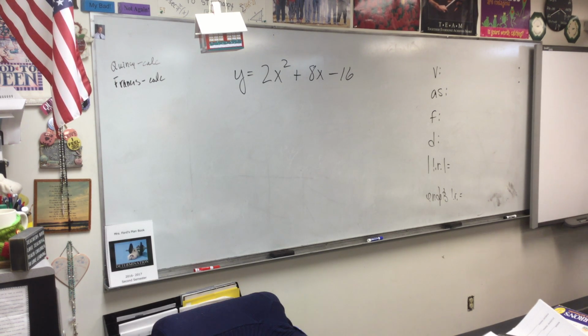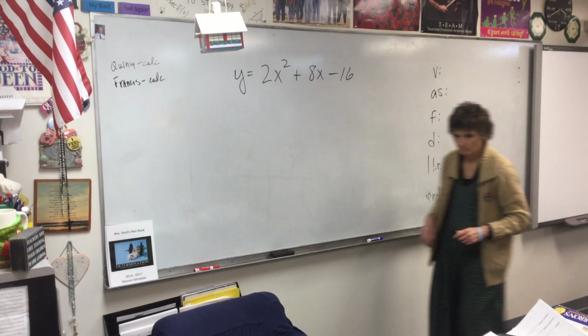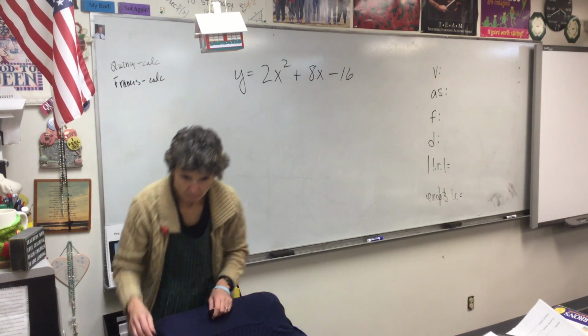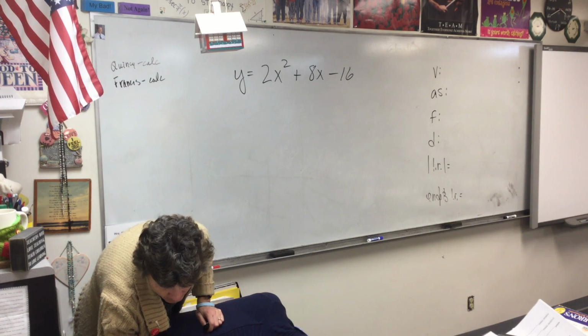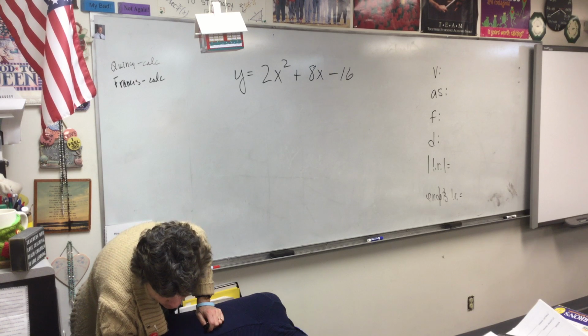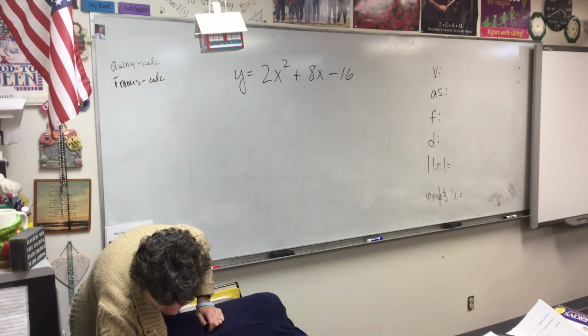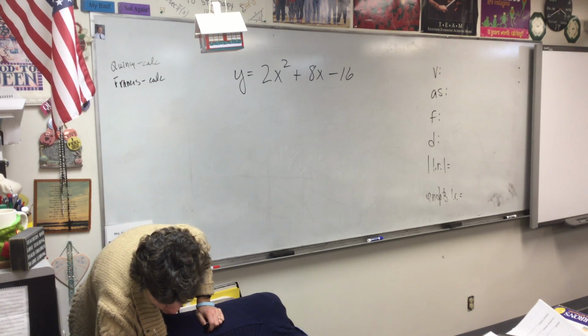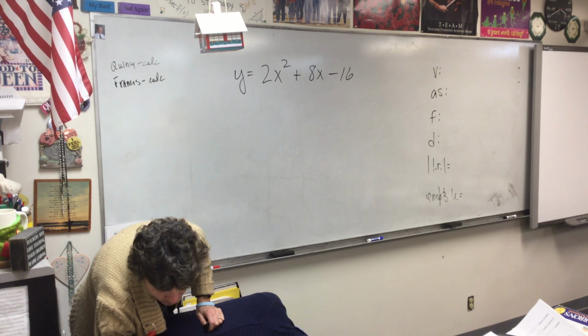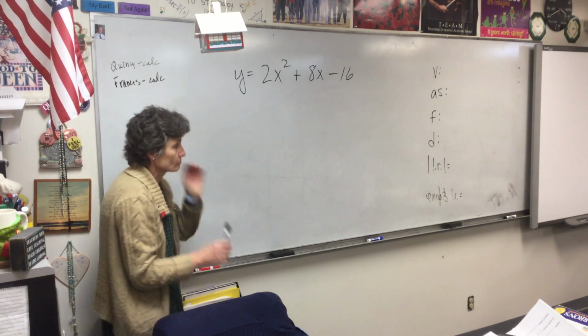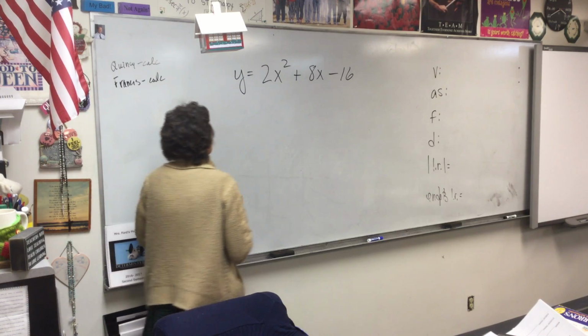So y minus 16, then you square, because you move 16 over. So then what do you do? We have to complete the square. Yeah, but we're saying it's 4.